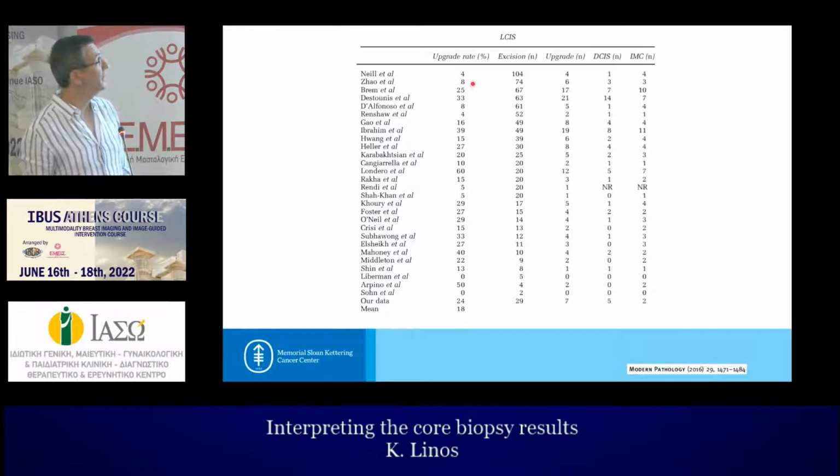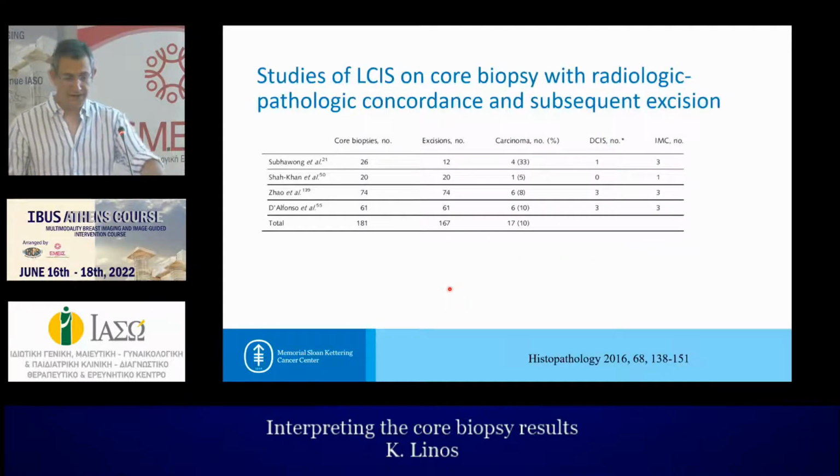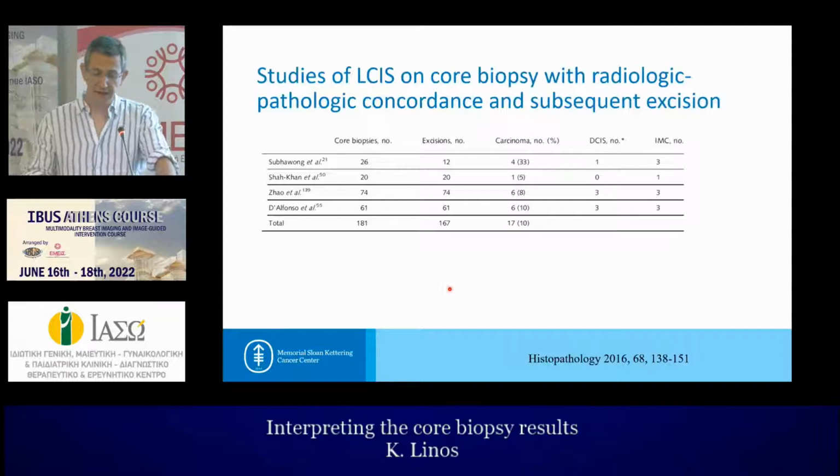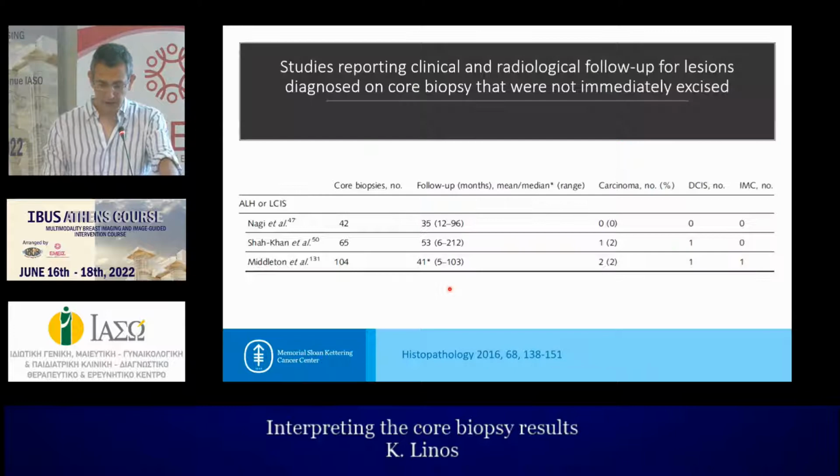If you see all these studies, the upgrade rate is all over the place. But when you have quality studies with very careful and strict radiologic-pathologic concordance, the upgrade rate drops to less than 4% in terms of subsequent carcinoma in the subsequent excision.